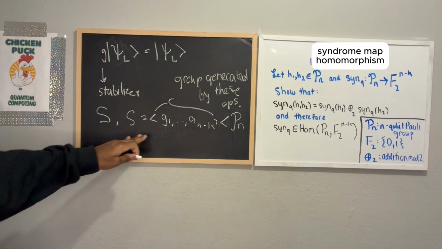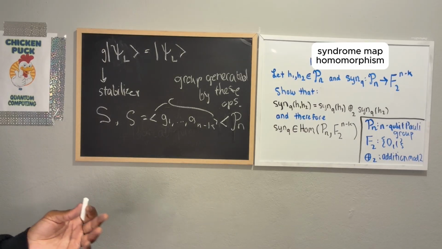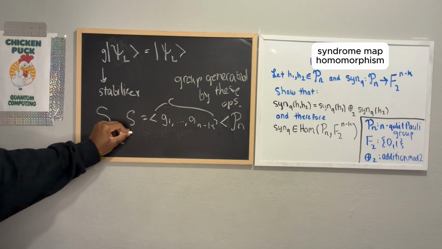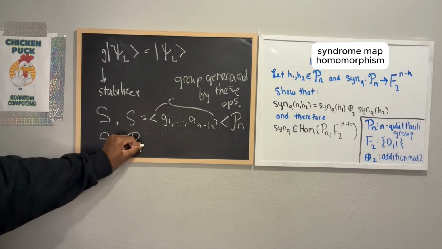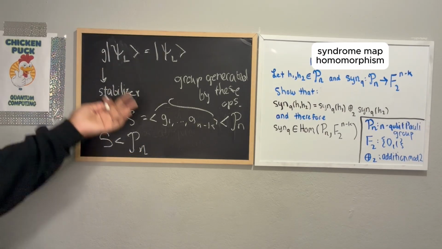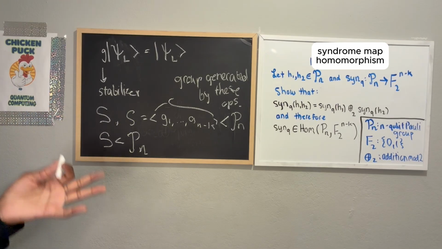So g_1 through g_{n-k} are independent stabilizer generators. So when we say S is less than P_n, that means S is a subgroup of the n qubit Pauli group. And then these generators are the checks we're going to compare possible errors against.